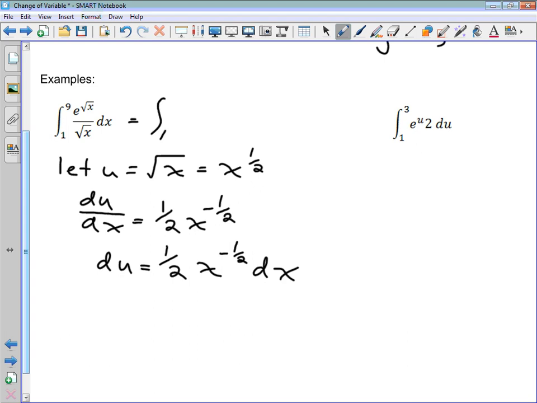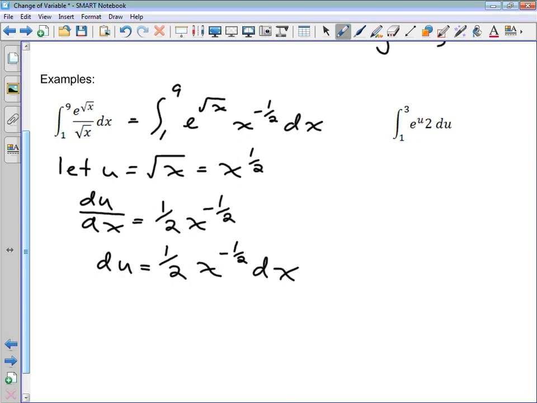This integral is actually the integral from 1 to 9 of e to the root x times x to the negative 1/2 dx. If I take this 1 over root x, I can write it as x to the negative 1/2. So that looks pretty good in terms of our substitution.